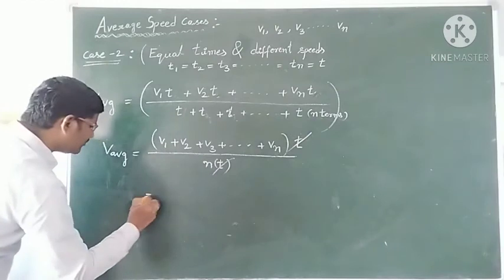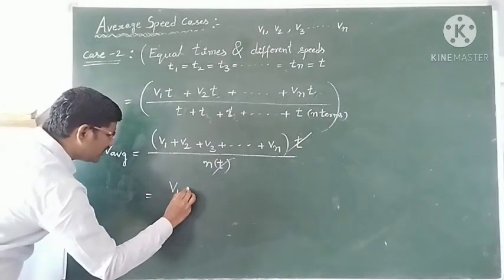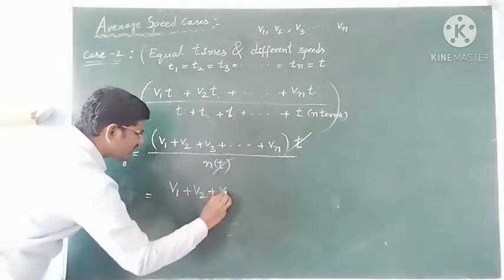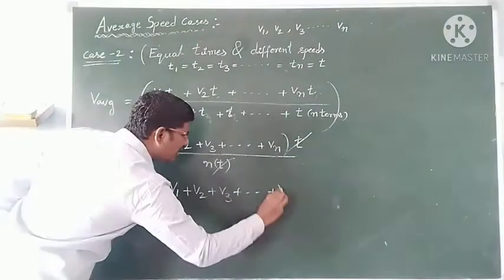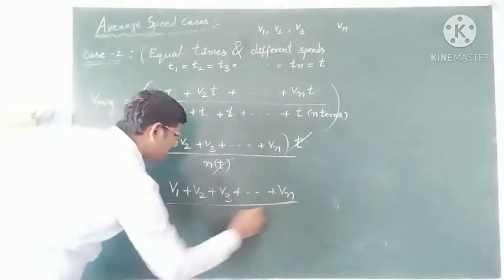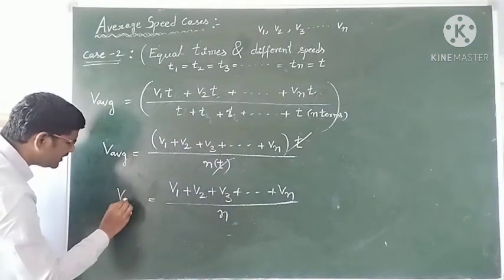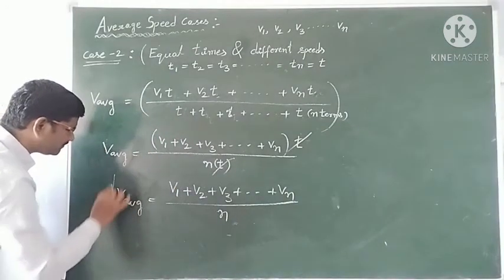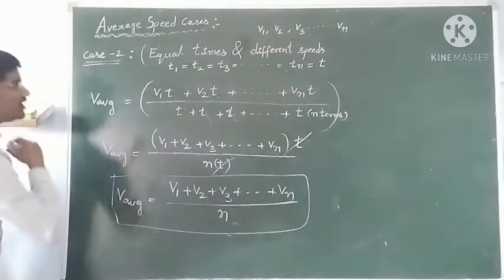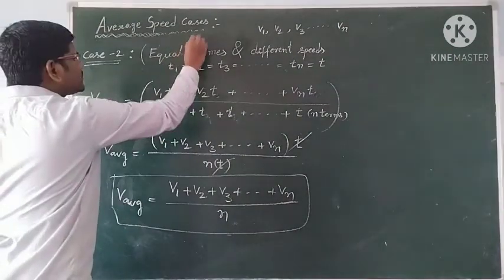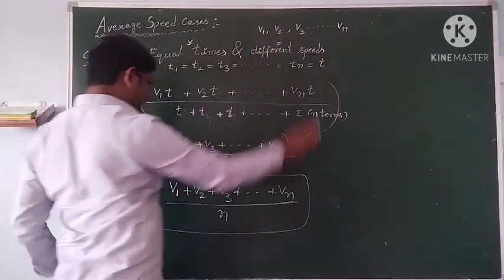Then what will you get? V1 plus V2 plus V3 plus so on Vn by n is equal to V average. Okay, equal times and different speeds.